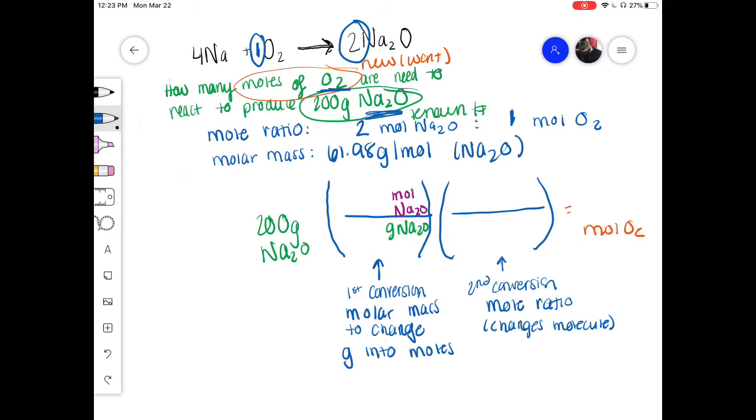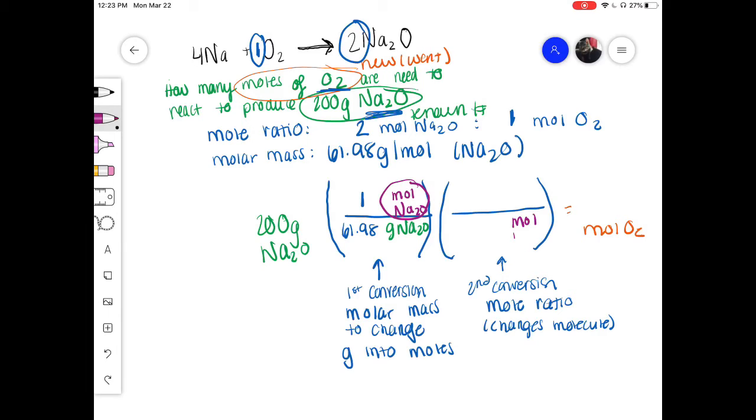Our last step is to match the numbers from our molar mass with those units. In our molar mass, we have 61.98 grams, which we put with the grams of Na2O, for 1 mole of it. Our next step is our second conversion, our mole ratio. We said in the last question that our first new unit becomes our second old unit.